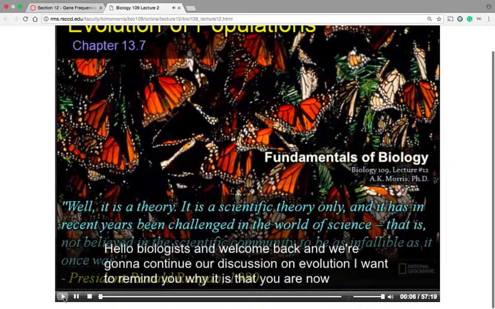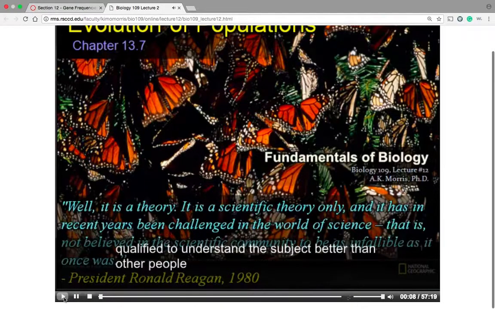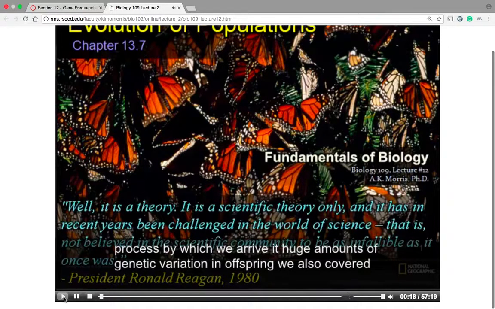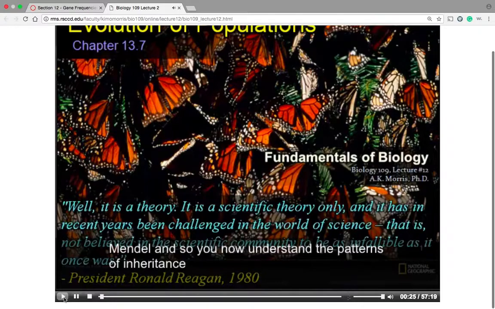I want to remind you of why you are now qualified to understand this subject better than other people. It's because a few lectures back we covered meiosis, the process by which we arrive at huge amounts of genetic variation in offspring. We also covered Mendel, so you now understand the patterns of inheritance.